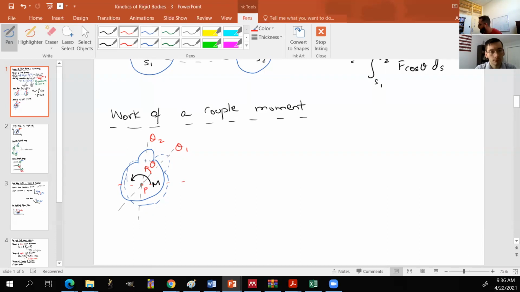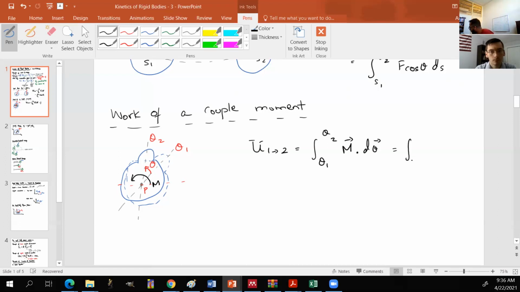The work done by this moment to change it from position 1 to position 2 is just equal to the change. You're just integrating over the angle now. And the good thing about moments is that they have the same units as energy. So you're just multiplying it by the change in angle that you have over here.